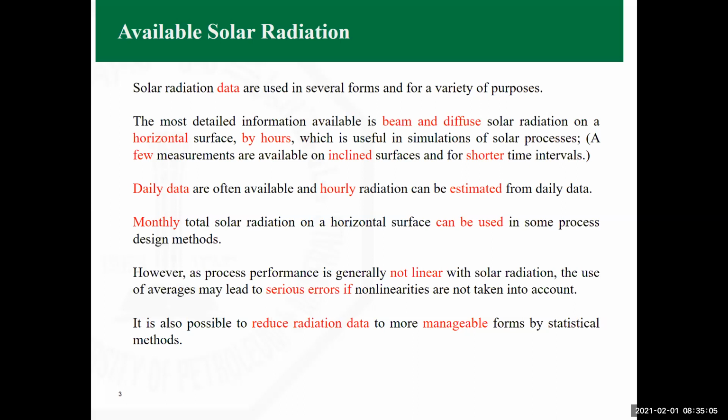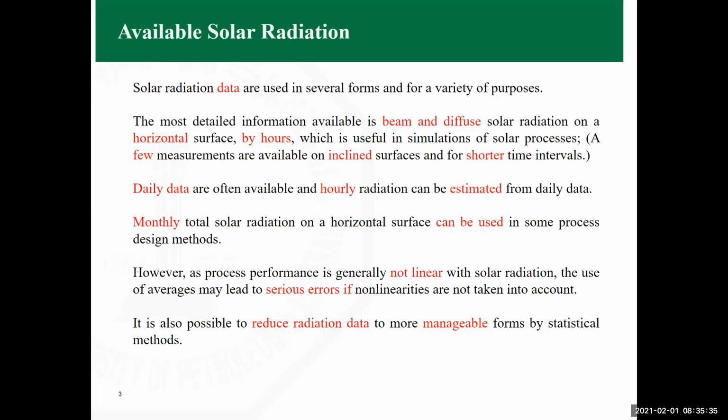You put it at a certain tilt angle, which is equal to the latitude of your city. And you keep it there, you don't change it day by day. So you want to keep it at a constant value. And you need to see how much energy is going to be falling on it for the whole year. So you are going to do it month by month. So the monthly data would be the kind of data that you would be looking for.